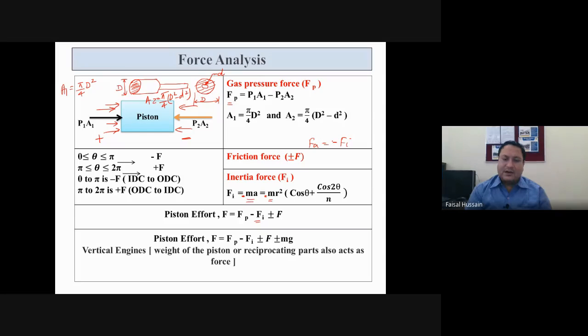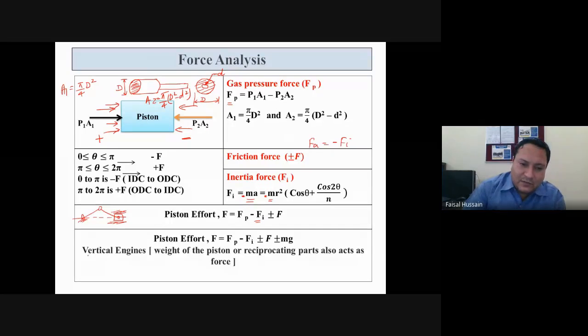This is applicable when the system is like this: this is the horizontal axis and here is your system. For vertical engines, it will be like this.